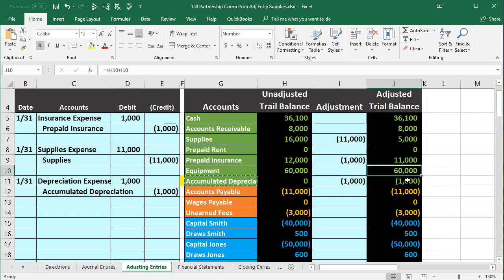We're going to give you more information by breaking out the credit side of equipment to another account called accumulated depreciation, where we have the amount that we believe it's depreciated by, there's the 1,000, the book value of the equipment then, 60,000 minus 1,000, or 59,000.